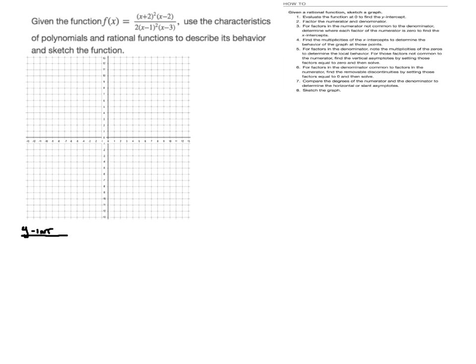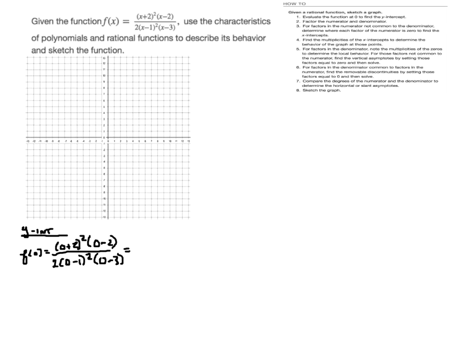Okay, so we start out with the y-intercept. So f of 0 equals (0 plus 2) squared, (0 minus 2), over 2 times (0 minus 1) squared times (0 minus 3).